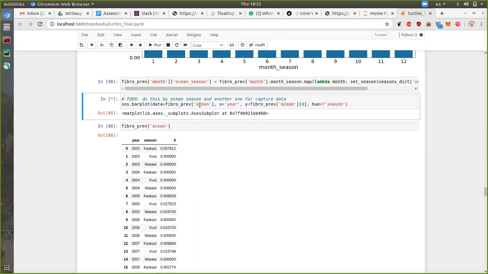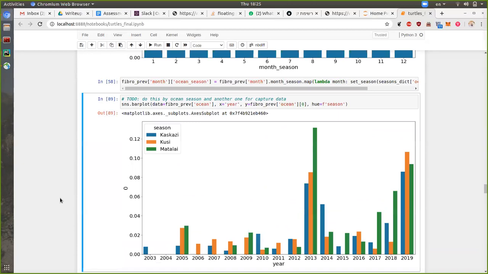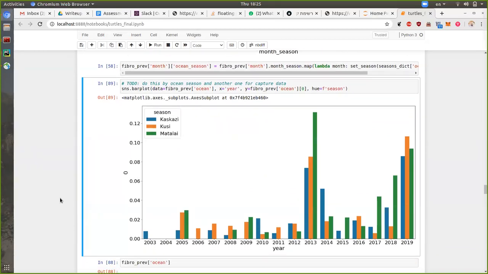I'm trying to do this. Ta-da. So yeah, this is the graph. Oh, that's much better. That's much better, yeah. So do we see more of a certain color than another? The green is quite prevalent in several years.